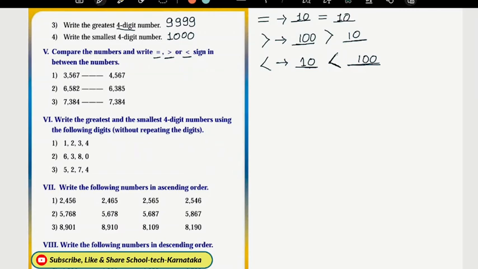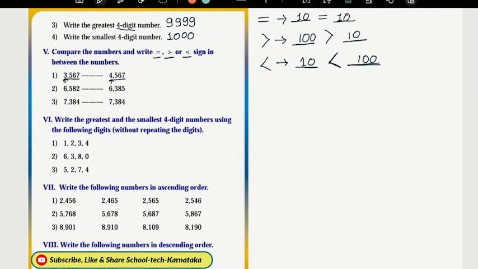Let's try to solve this exercise. The first number we have on the left side is 3,567, and on the right side we have 4,567. We always need to check the digits at the thousands place.